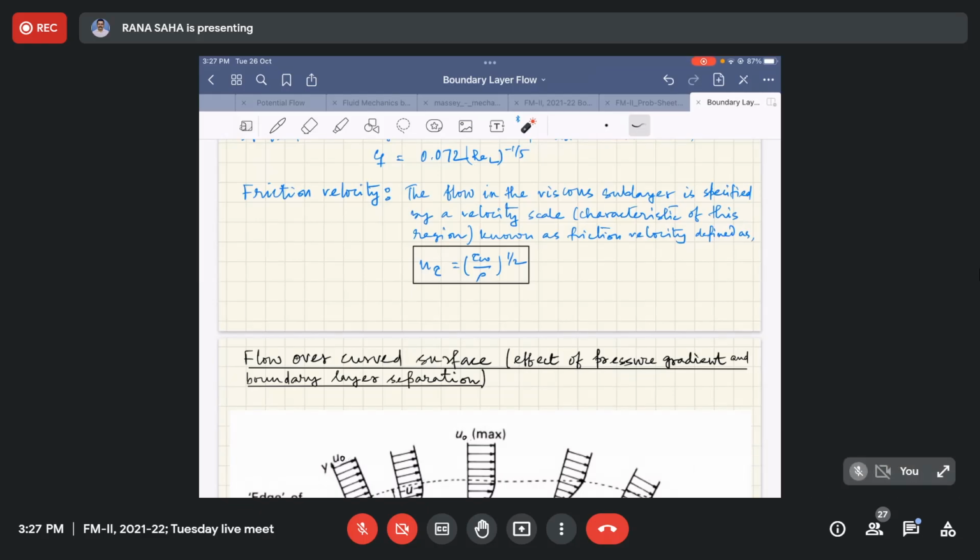So one thing is that you need to estimate how much power is required to overcome friction, because that should be provided to the vehicle.